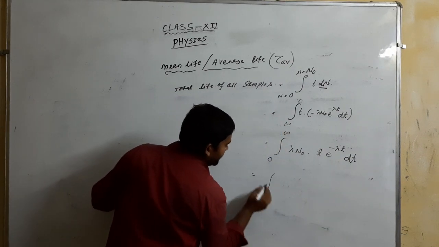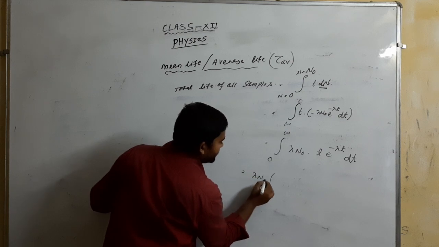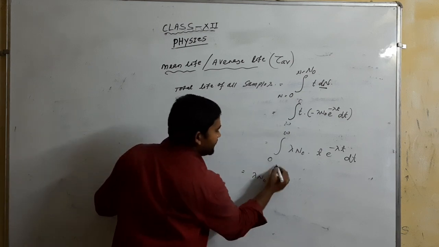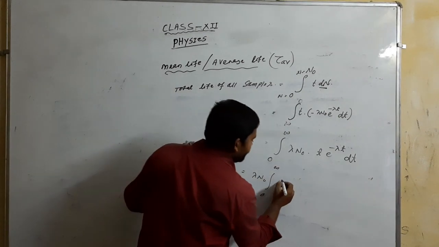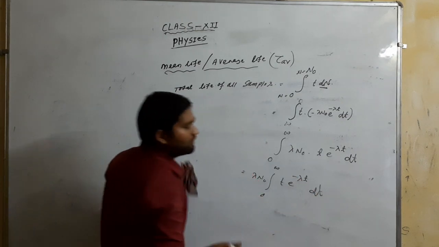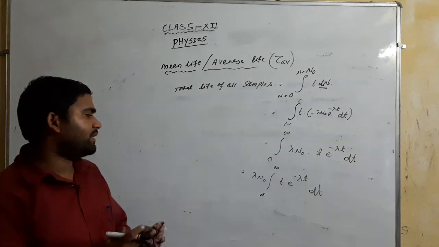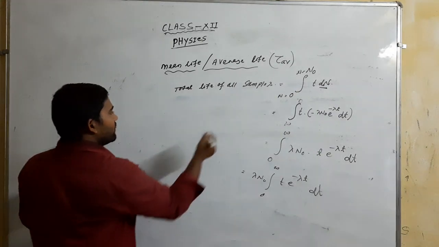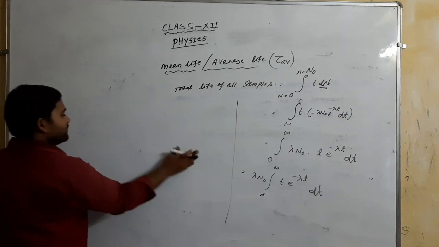Take the constant outside: lambda n0 times the integration from 0 to infinity of t e to the power minus lambda t dt. We can integrate this by the parts method, simply using the UV rule.